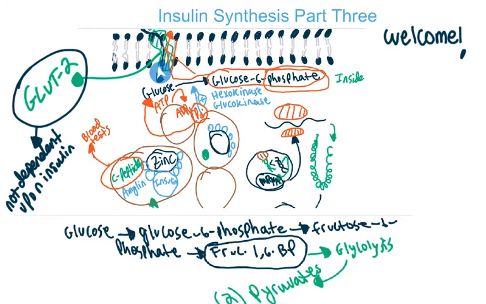So anyway, if we eat a big carbohydrate meal, our blood glucose is high, and then glucose starts entering our beta cells from our bloodstream. As glucose enters, it turns into glucose 6-phosphate, then fructose 6-phosphate, and that whole glycolysis starts to occur.